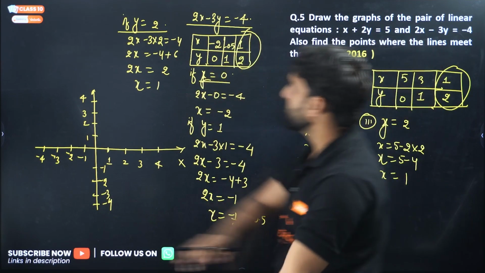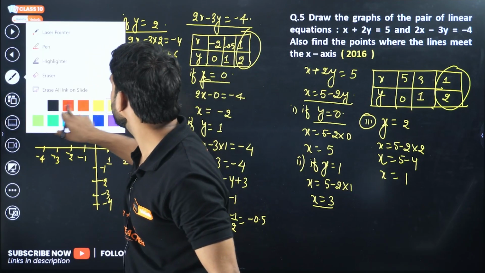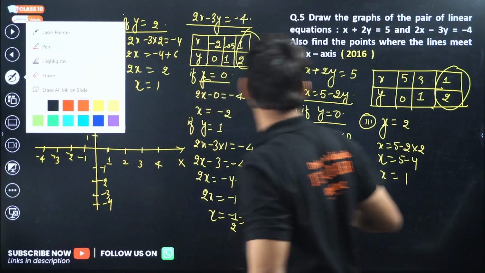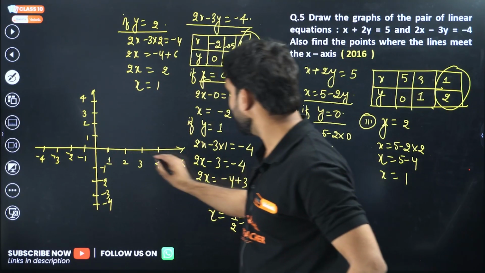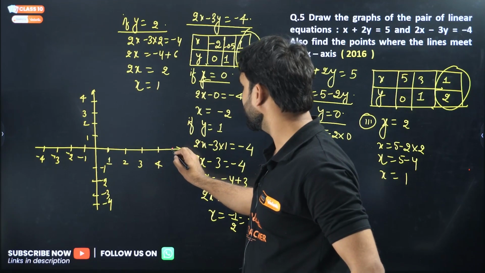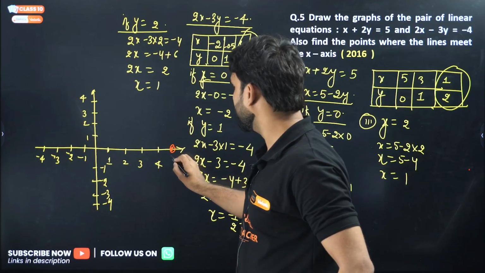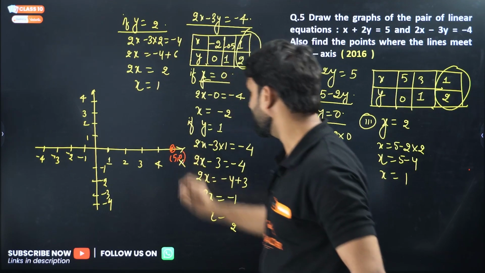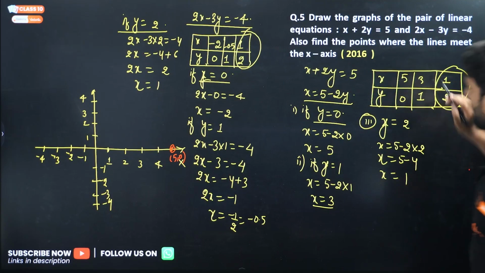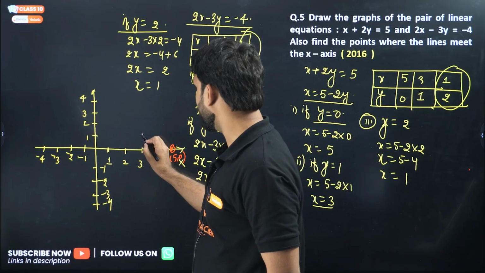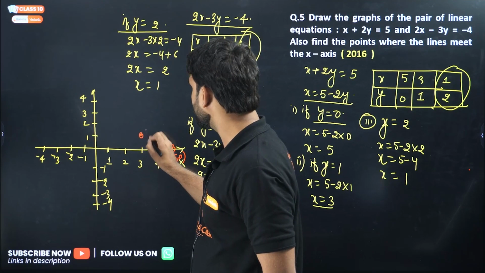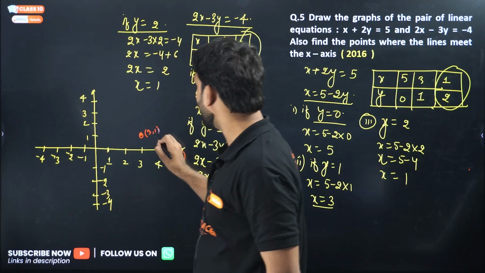Now let me change the color of the pen. For the first line I'm taking red color for this equation. So when x is 5, y is 0. X is 5 here, somewhere here. This is 5 comma 0. When x is 3, y is 1, somewhere here. This is 3 comma 1.